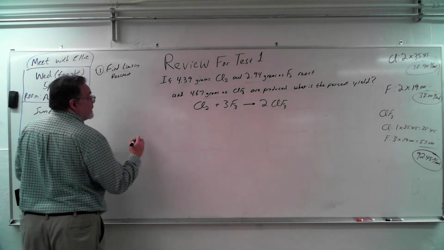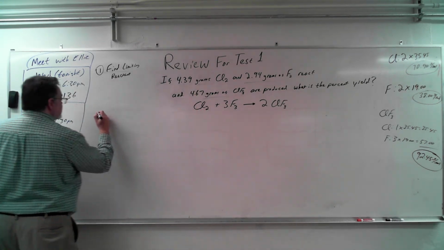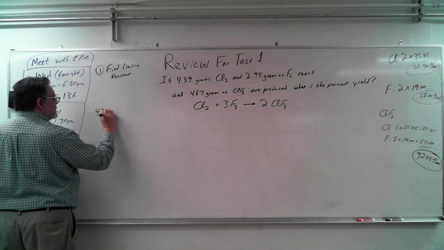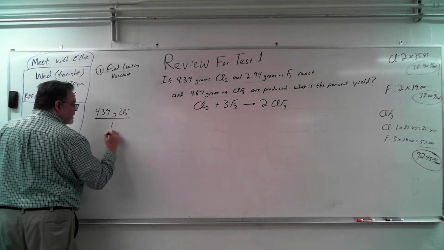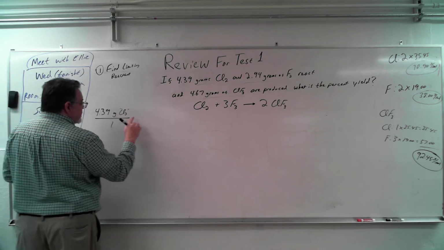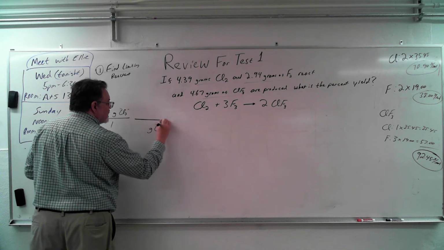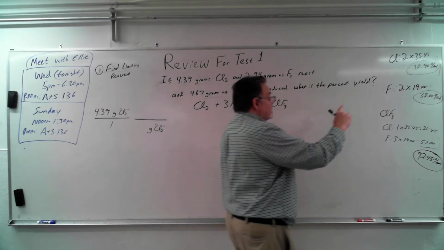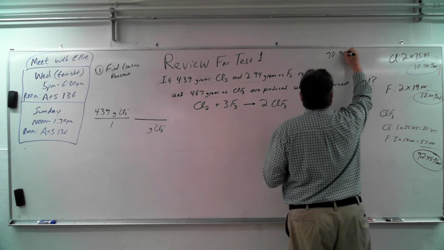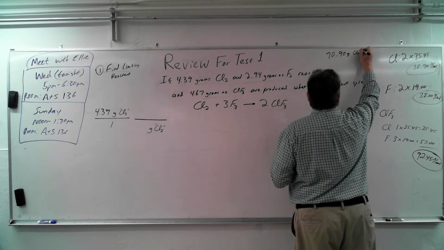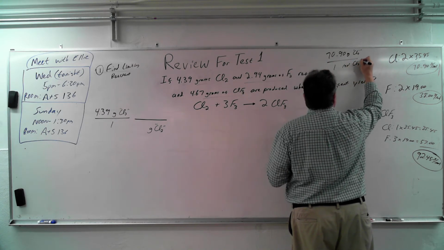To start with, I decided I would start with Cl2, so I've got 4.39 grams of Cl2. Next, we need grams of Cl2 on the bottom. We're going to use this 70.90 grams per 1 mole. Grams of Cl2 is 1 mole of Cl2.